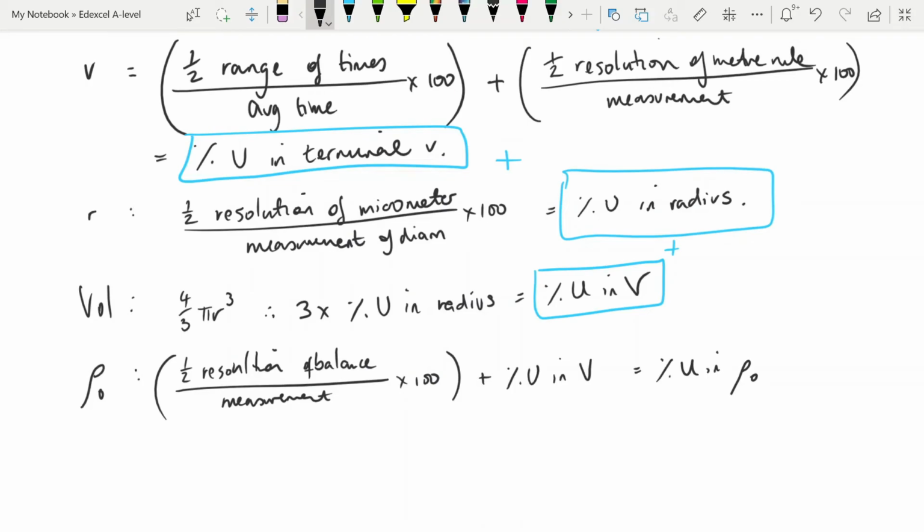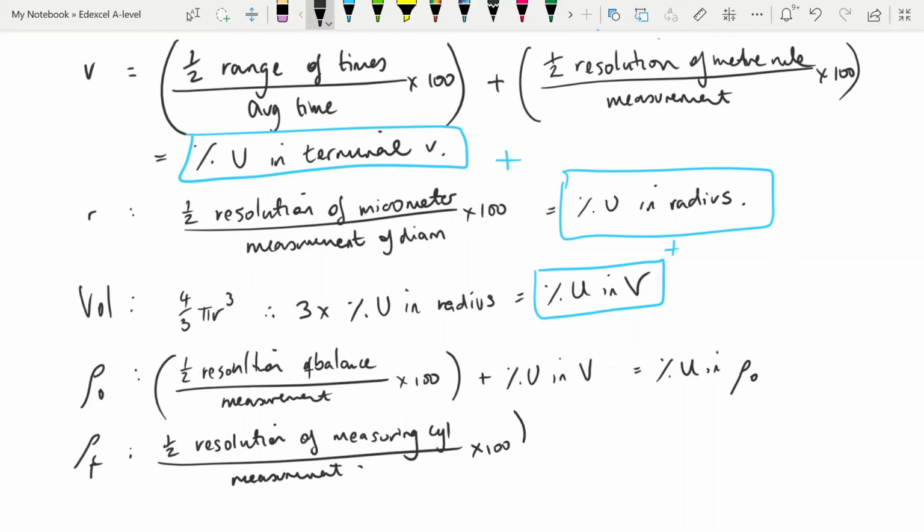For the density of the liquid, that is going to be the percentage uncertainty in the volume of the liquid. You've got to add that to the percentage uncertainty in the mass, which would be calculated the same way as that for the density of the object.